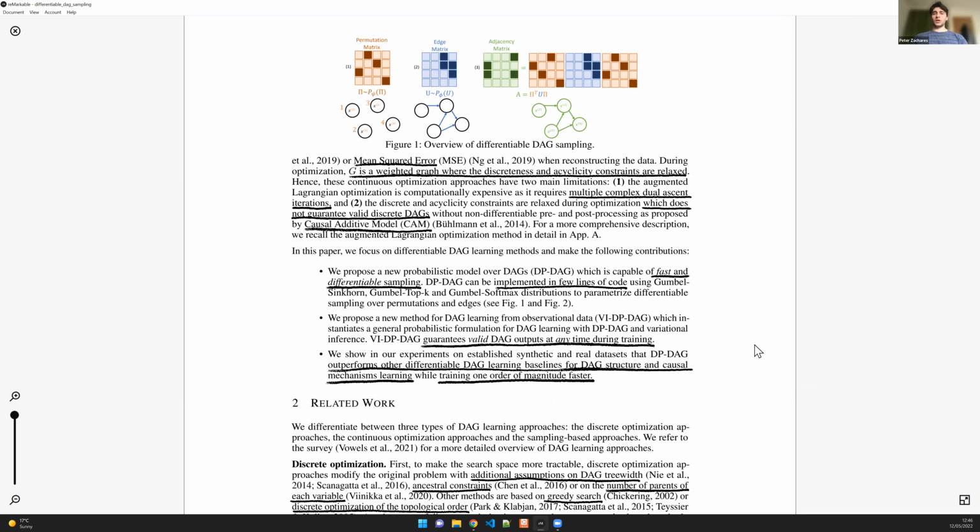One question I had was, do you assume that you always have the same variables that you have to construct the DAG for? What do you mean same variables? So like this method, does it only work when all of your DAGs have the same number of nodes and each node is a specific variable that you already know? What do you mean you already know? So like all the DAGs are 3 nodes and the nodes are like patient, treatment, outcome.